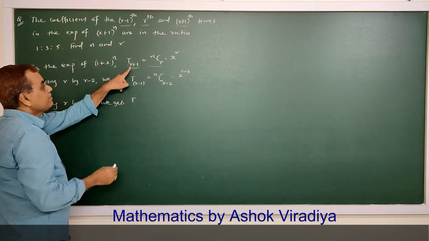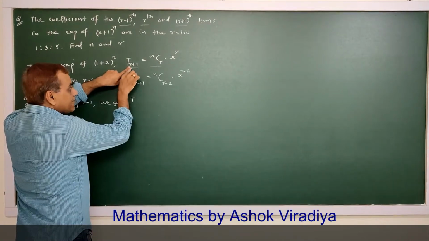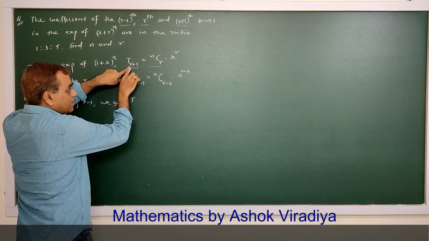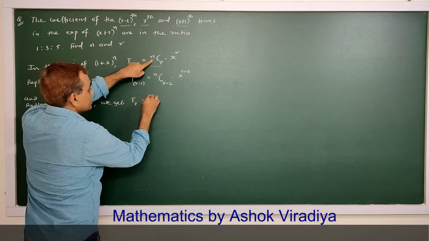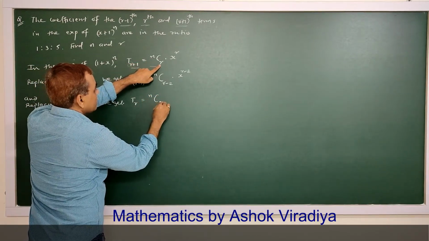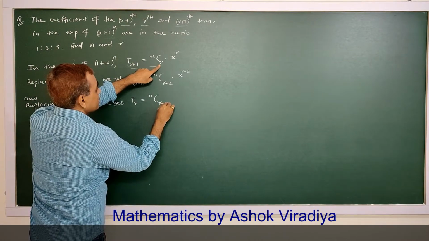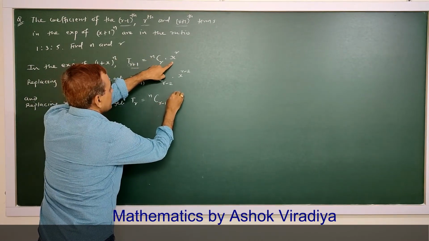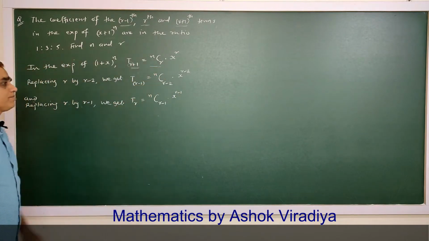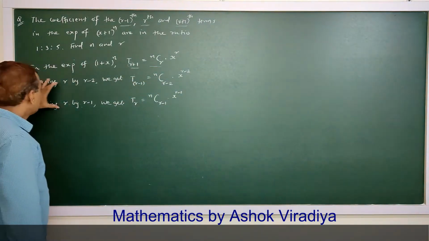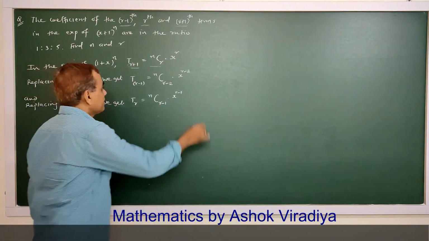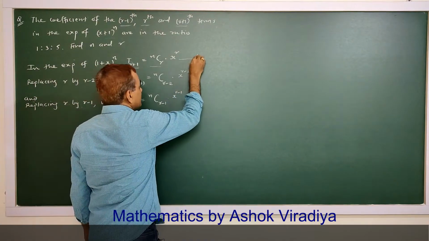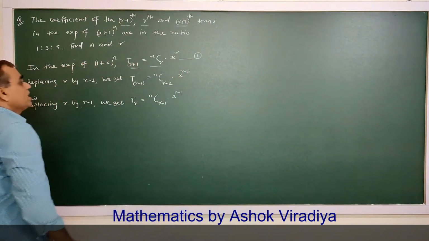Now see, here I am replacing r by r minus 1, so r minus 1 plus 1 is r. Same here, we replace r by r minus 1. So these two statements are obtained from this equation 1.